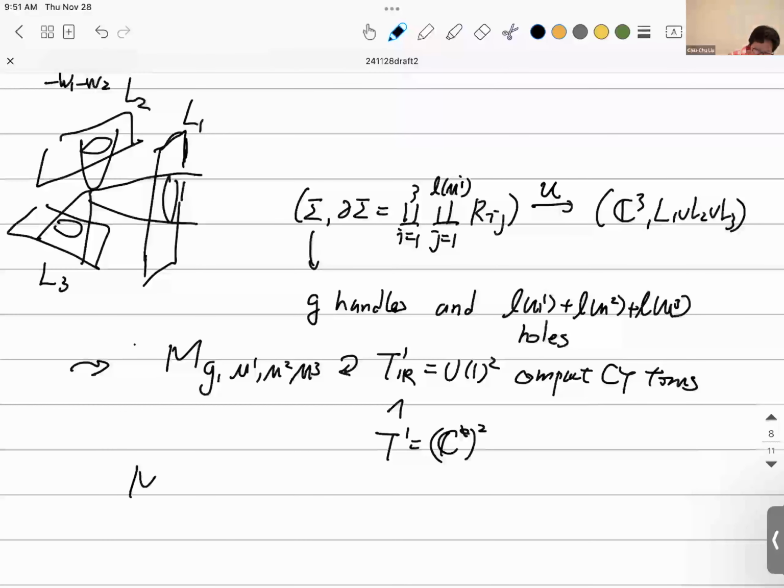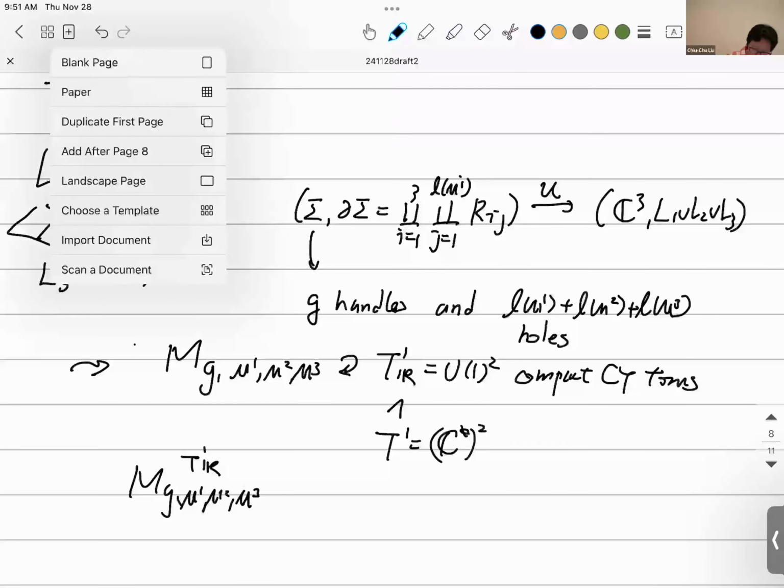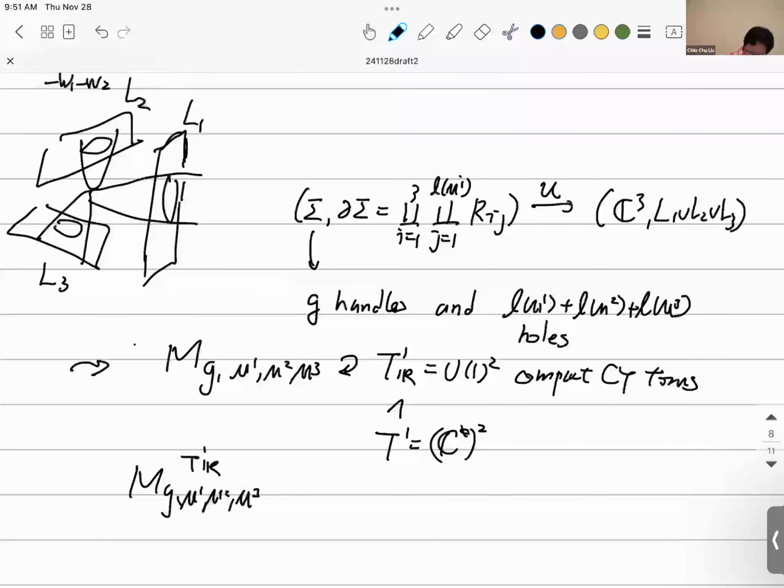And if you look at the T prime R fixed maps in this setup, the whole contracted curve is mapped to the origin.